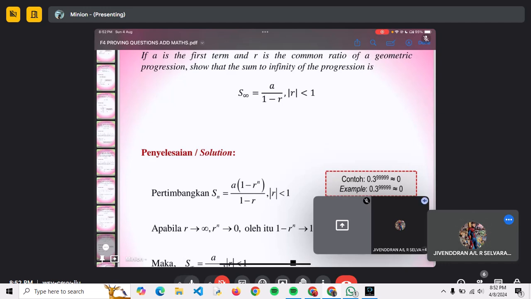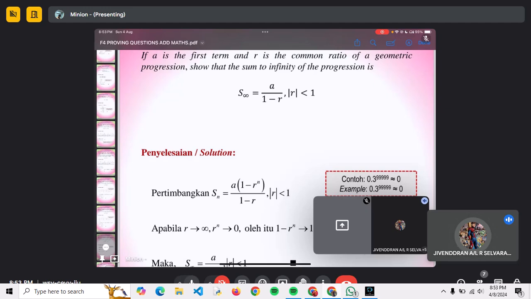Okay, so we know the formula for Sn is equal to a in bracket 1 minus r to the power n close bracket over 1 minus r. Then when n goes to infinity, we'll know that r to the power of n will be 0. So 1 minus r to the power of n, which is 1 minus 0, will be 1.